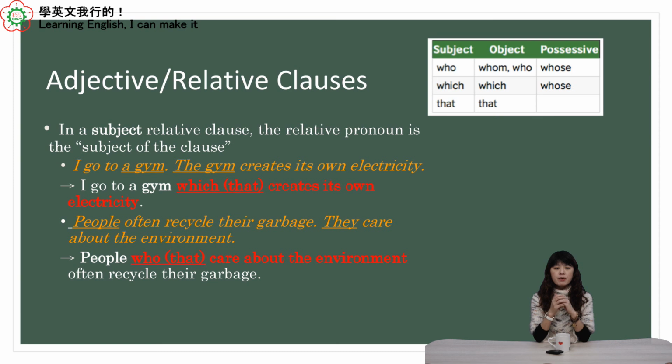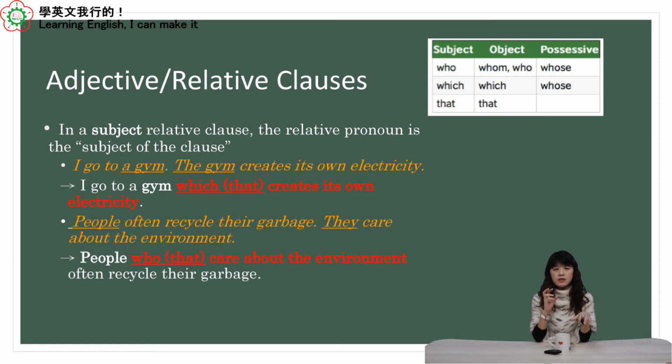The second example I share with you is: People often recycle their garbage. They care about the environment. Here you can see two simple sentences. People often recycle their garbage is the first simple sentence. They care about the environment.